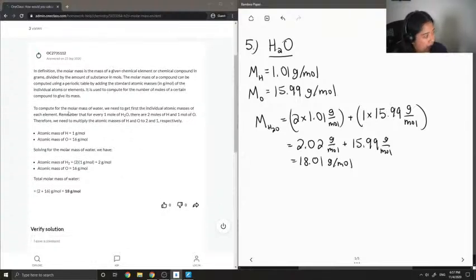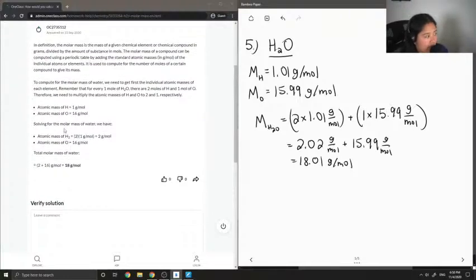To compute for the molar mass of water, we need to get first the individual atomic masses of each element. Remember that for every 1 mole of H2O, there are 2 moles of hydrogen and 1 mole of oxygen. Therefore, we need to multiply the atomic masses of H and O to 2 and 1 respectively. So here they just have the atomic masses of hydrogen and oxygen.